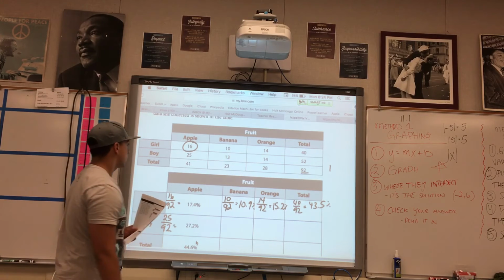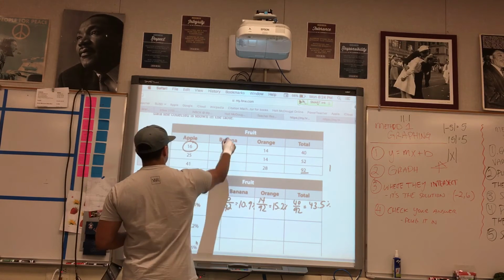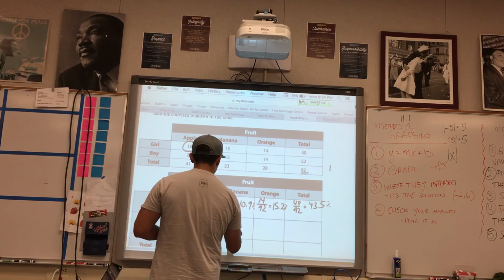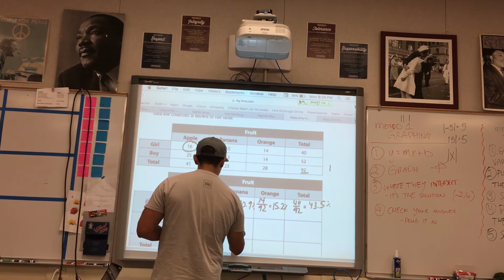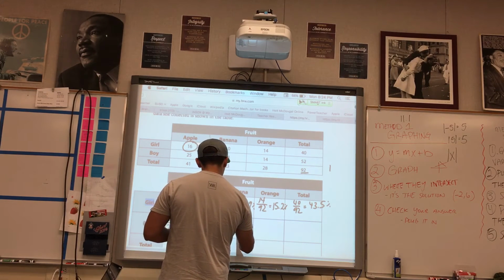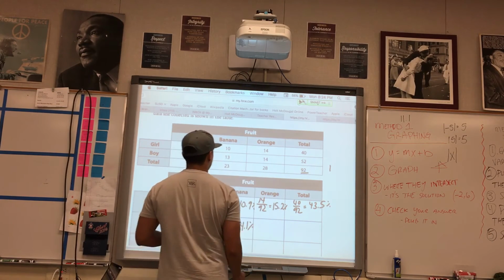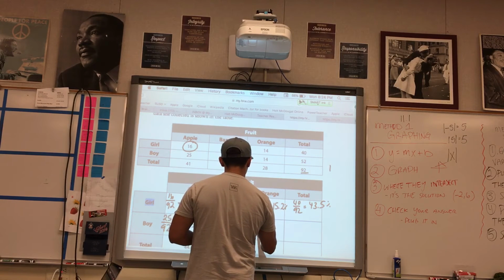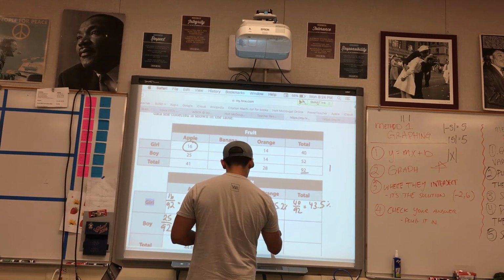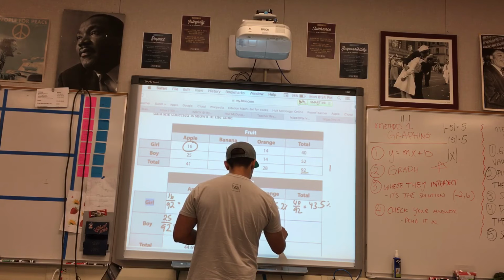It's already there for you. 13 boys selected banana. We divide that by total participants, and that is going to be 14.1%. Orange, 14 boys selected it. Divided by the number of participants, 14 divided by 92 is 15.2%.